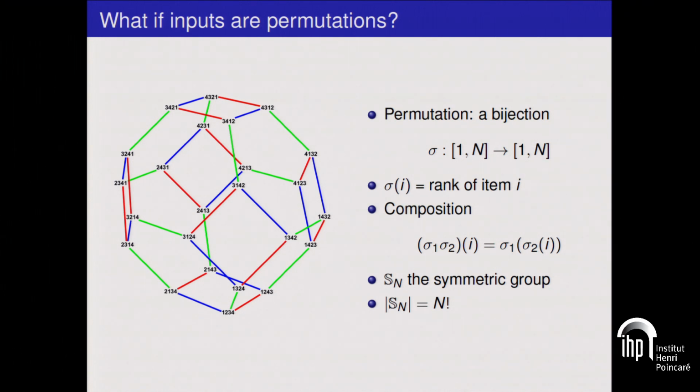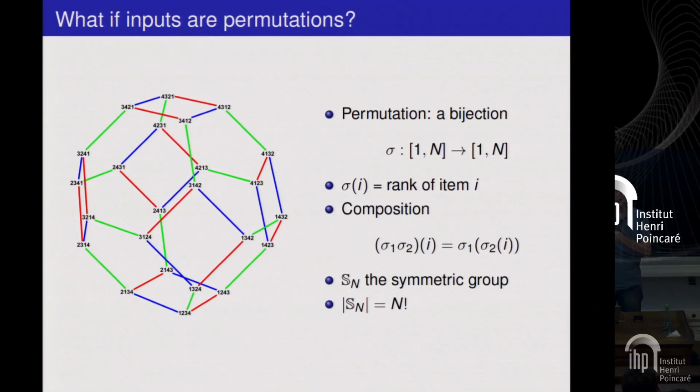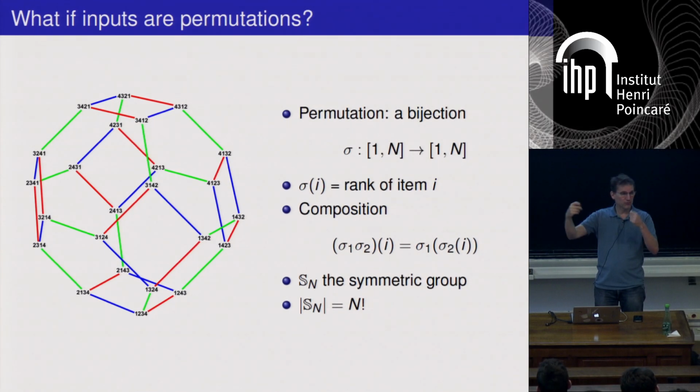For example, this picture is a way to visualize all permutations of 4 items. If you take n equals 4, you consider how many ways there are to map the integers 1 to 4 to themselves.